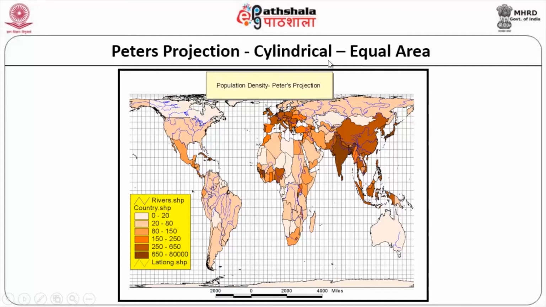It is called Peters projection, cylindrical equal area. The entire area will be there and it will be represented like this. This will be your shape file representing your line data, lat long, and the reverse also will be shown like this in blue color, and each and every country is depicted with the population data, maybe in millions, 0 to 20, 20 to 30 and so on to 80 and so on and so forth.